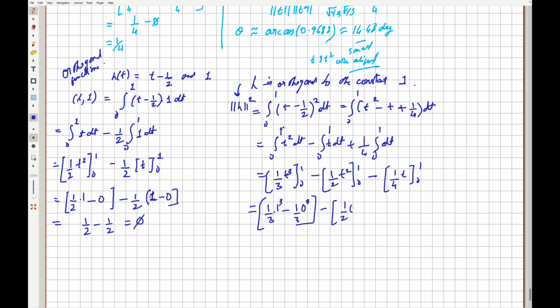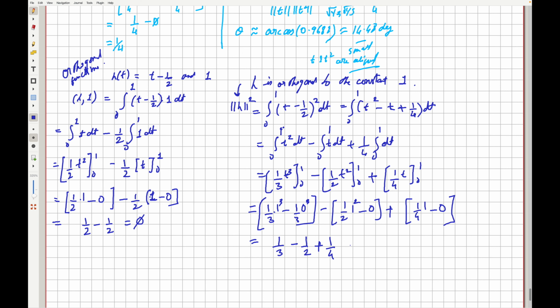So that's essentially 1 by 3 times 1 square minus 0, minus 1 by 2 times 1 minus 0, plus 1 by 4 times 1 minus 0, and so what we get in the end is 1 by 3 minus 1 by 2 plus 1 by 4. This should have been plus, my mistake.